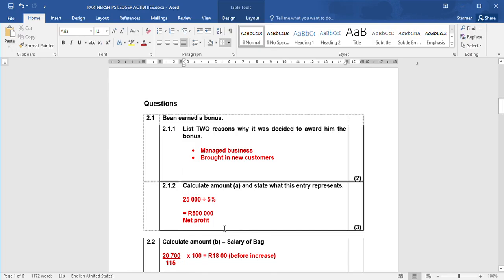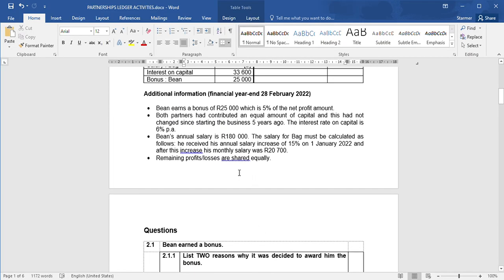Right, then they ask you to calculate the amount marked B, which is the salary of Bag. If you read here, they give you Bean's annual salary, then they say the salary for Bag must be calculated as follows. He received an annual salary increase of 15% on the 1st of March, and after the increase, his monthly salary was 20,700. So that 20,700 is after you've increased by 15%.